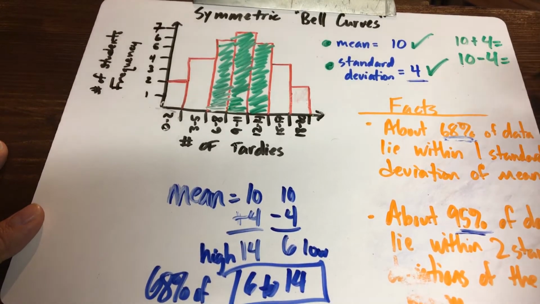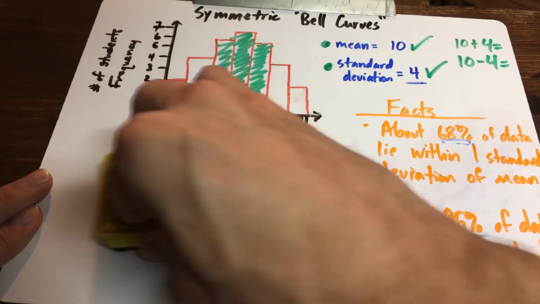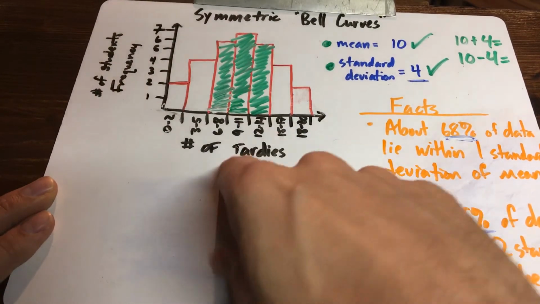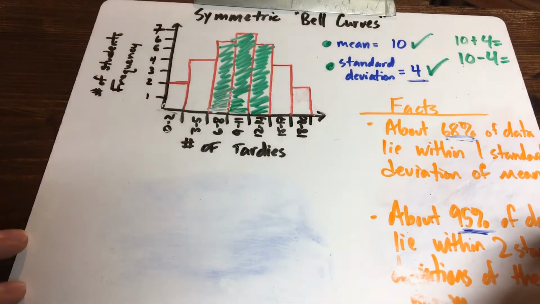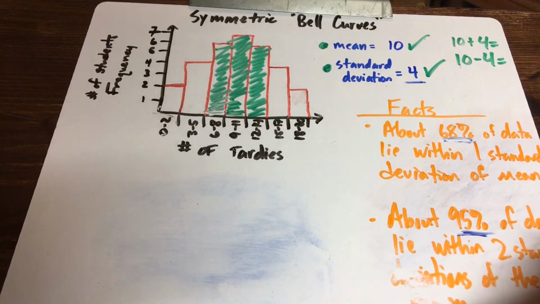So 68% of the people on average, right? Usually it's about 68%. It's not always 68%, but it's usually close to 68% of your data, of your individuals, of the people, the students in this case, would have between 6 to 14 tardies, right?